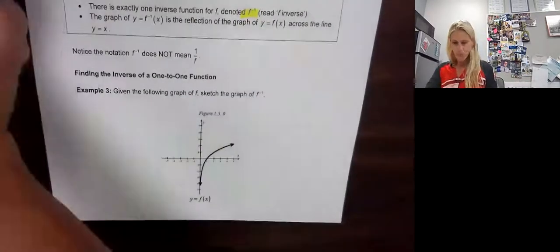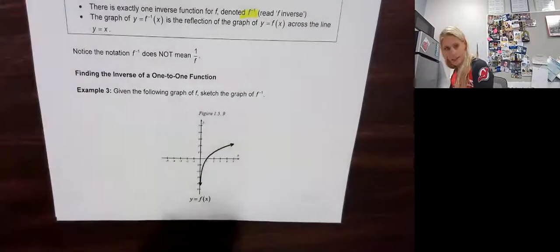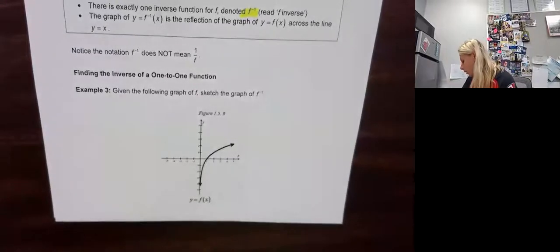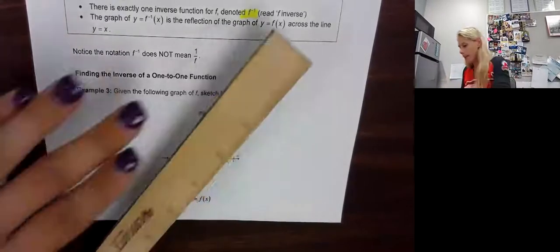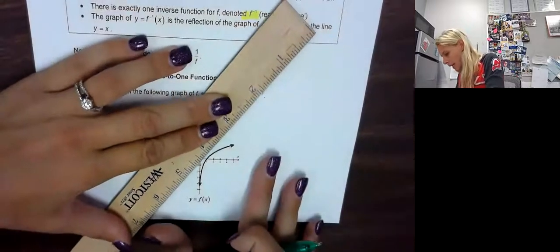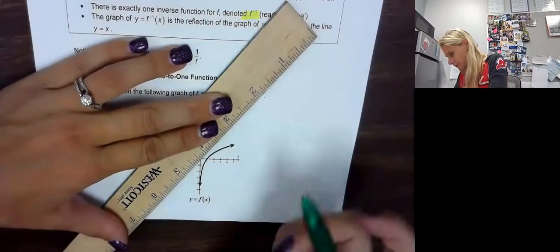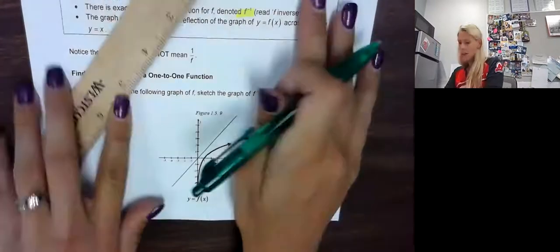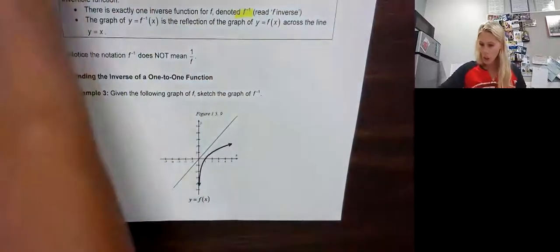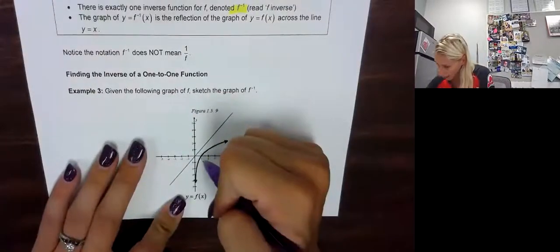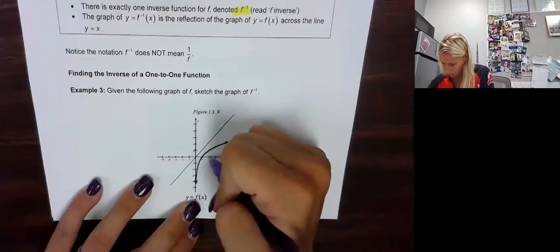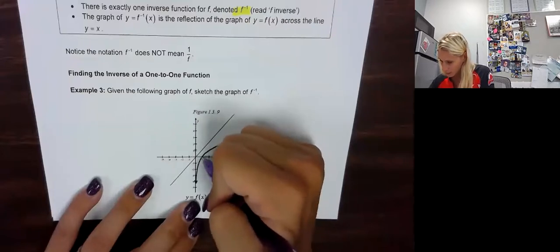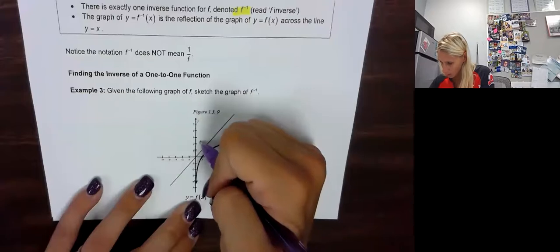So when graphing here, I'm going to get my ruler. We can sketch this just by having a graph, because we can have the line y equals x, and then what we could do is just take the points and mirror them. Remember, it's opposite. So if this is 2, 1, this one's going to be 1, 2.